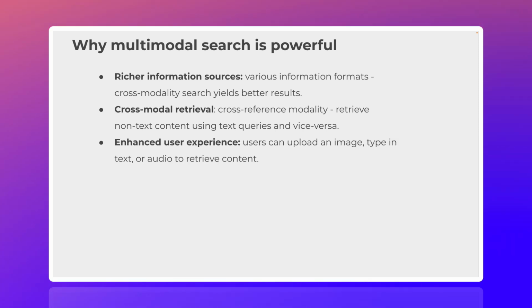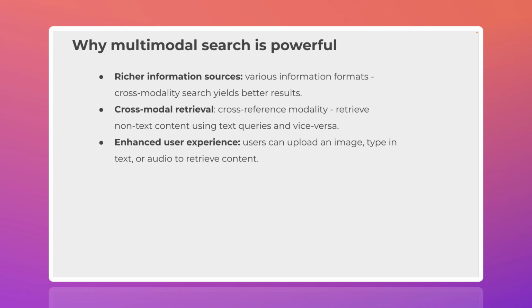And then we have an enhanced user experience, because as you see, multimodal search creates a more engaging and user-friendly experience, which allows users to interact with the system using their preferred input methods, right? Some people like the textual method, some people like to add just images or both, and so forth.